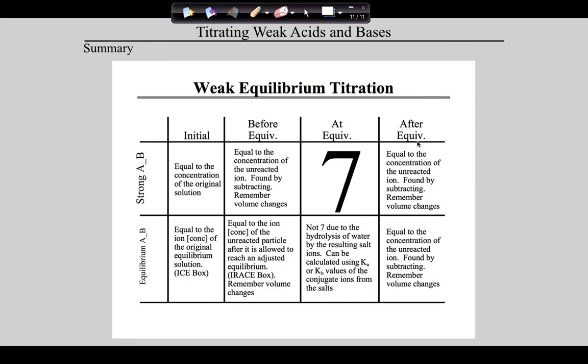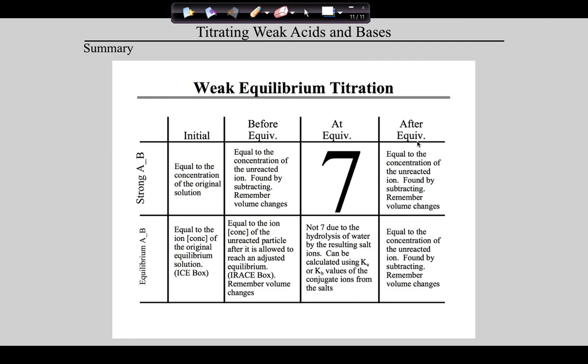Well, it's that subtraction that's the top lines in the I-race box, but we're going to study this using an I-race box. Then at equivalence, guys, it is not pH 7, simply because one of the ions in the salt is reactive towards water, so we will ice box that reactive ion reacting with water. And then notice this is exactly the same as that, because after equivalence, all the acid's gone and it's just the base going into water.